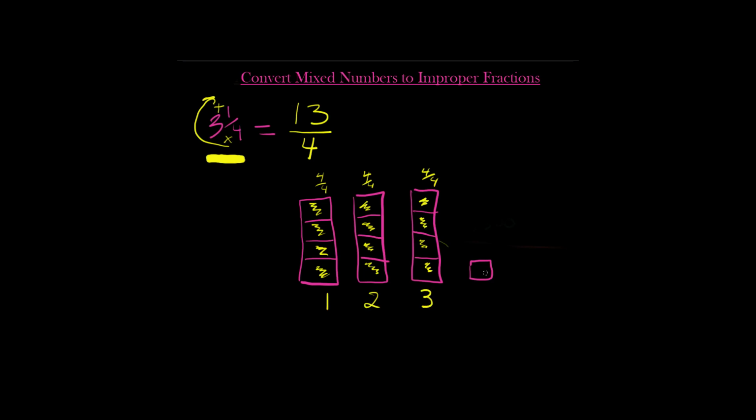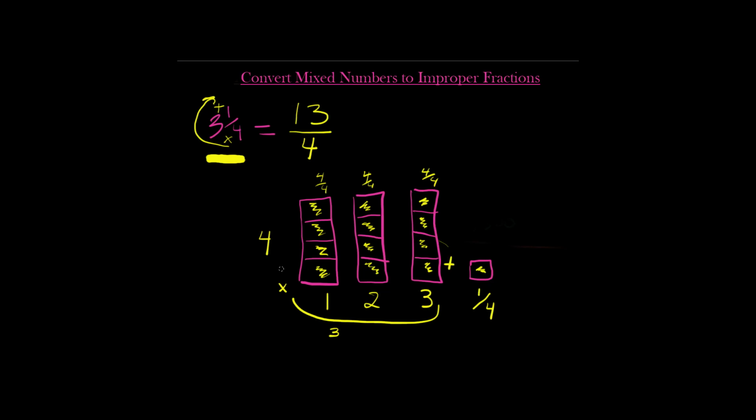This one over here that's colored in is only 1 out of 4. So there's where our 1/4 is. The way you would solve this using the picture is you have 3, all those together, times how many parts? 4, and then you add whatever your fraction part, or your numerator, is.